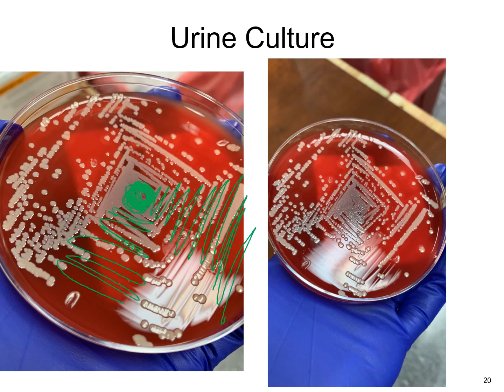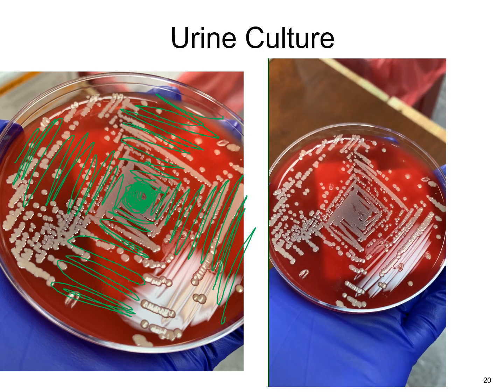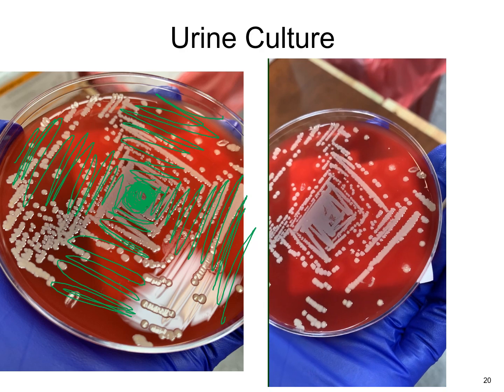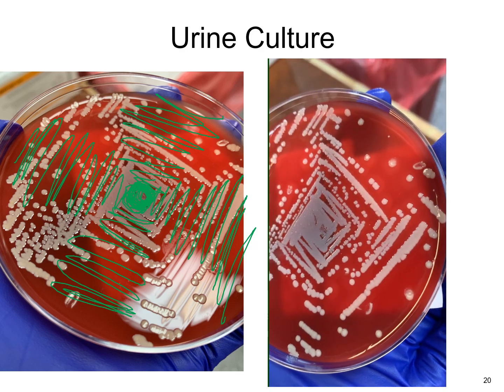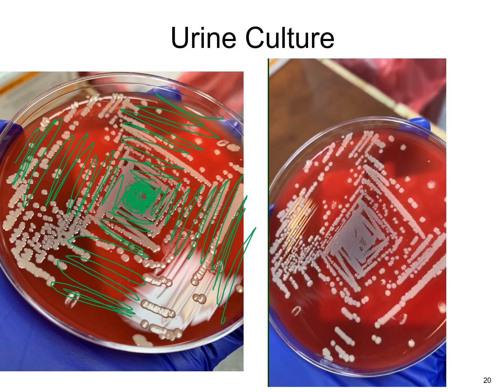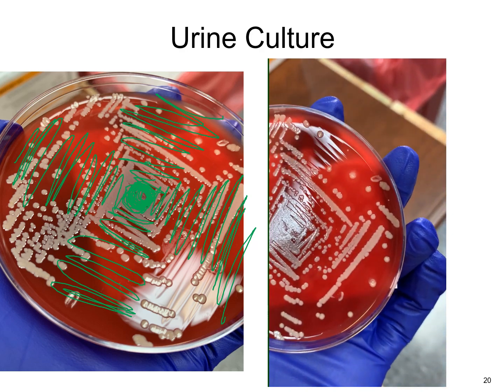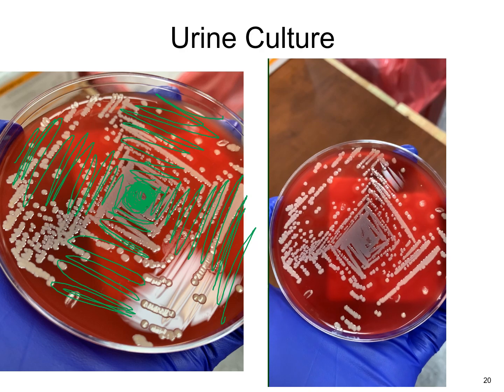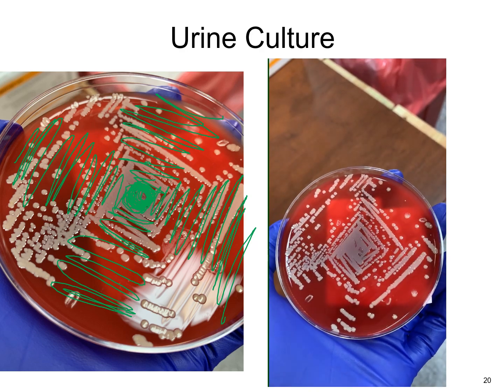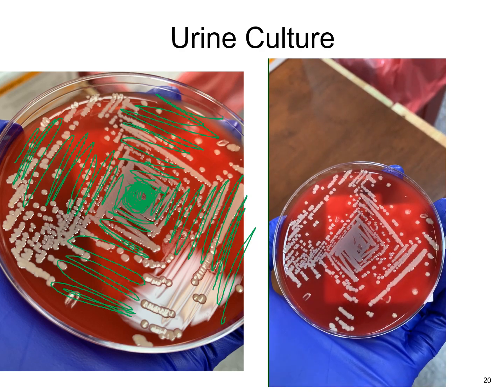Same here, you would streak out and keep going around this plate with a clean edge of the loop every time, or a new loop. In this video, as I tilt the plate, you can see some of those streak marks, where you get a little indentation in that agar without cutting it. And you can see how those colonies grow within those streak marks.